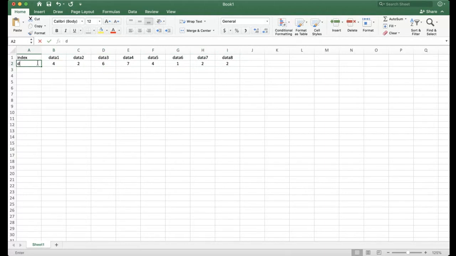So these are the data that's coming, and these are the indexes of this data.